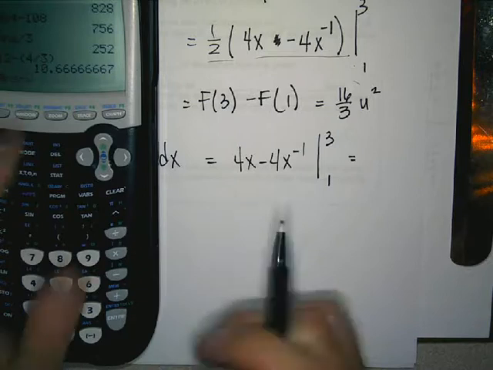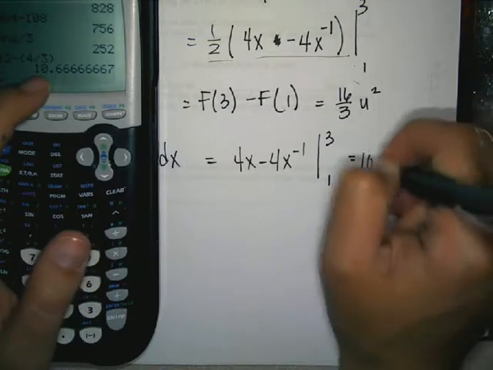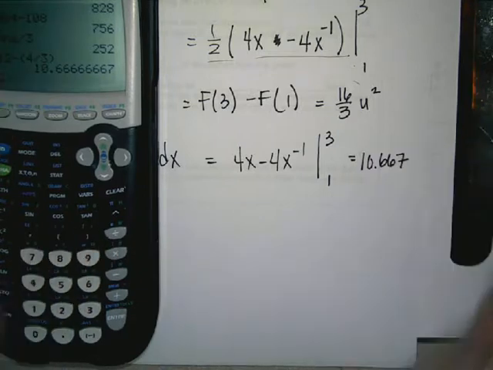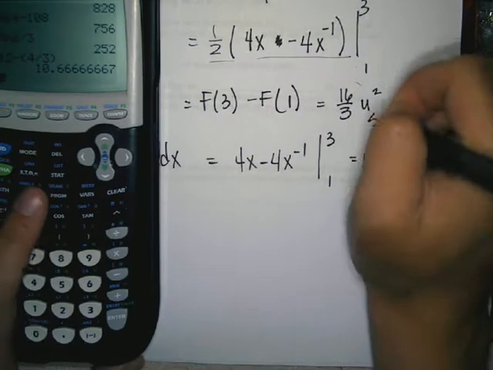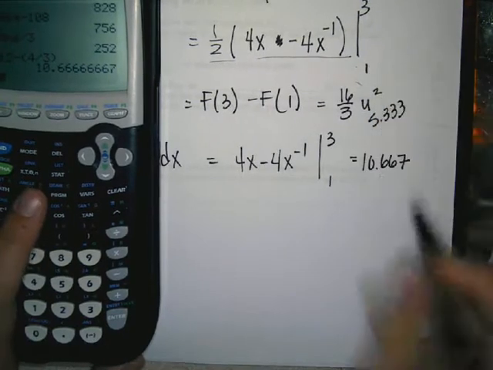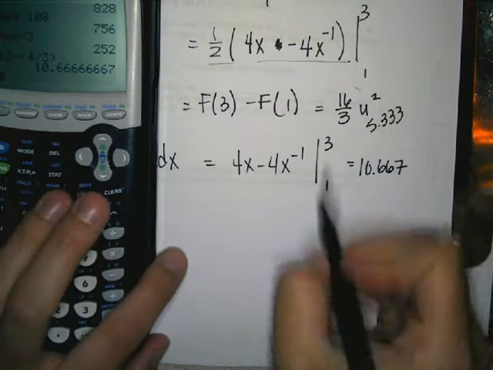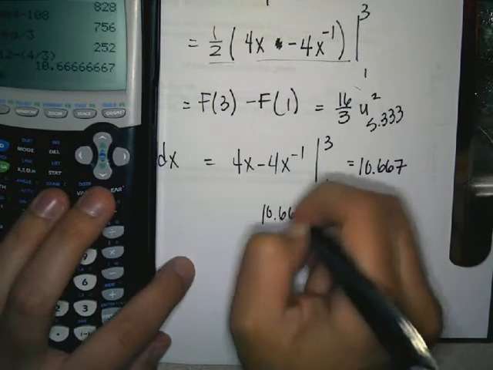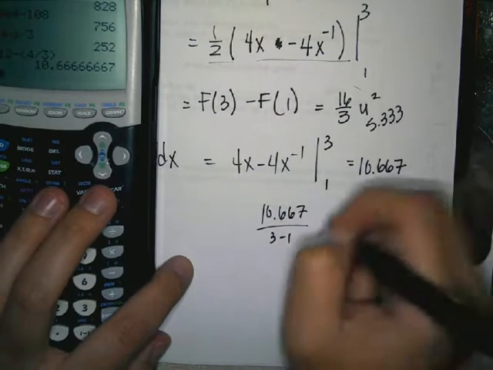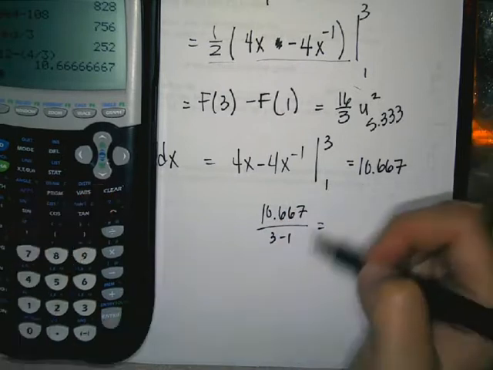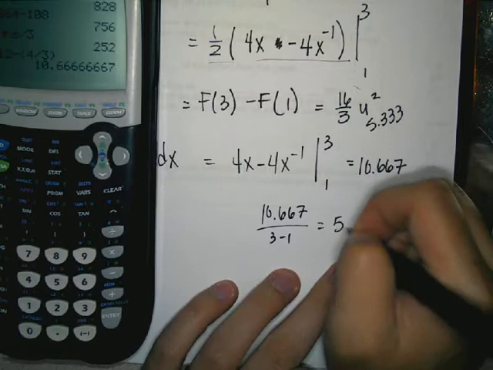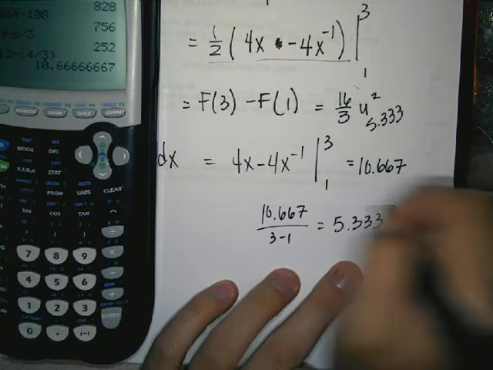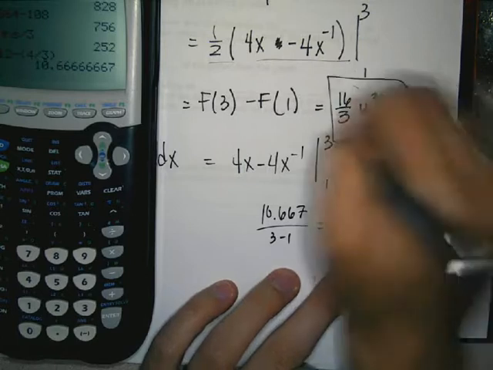So you get 10.667. And then to find the average, you divide by the space between 3 and 1, which would be 10.667 divided by 2, which is 5.333. So we get the same answer here in both cases.